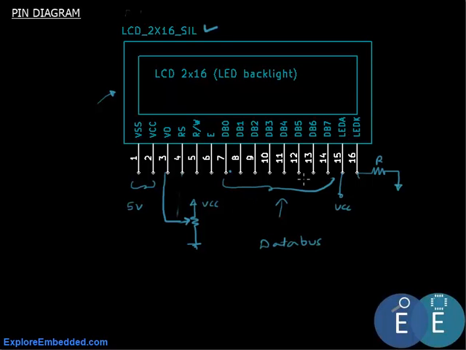We could use the entire 8 pins while communicating, and if we do that, then the LCD will be in 8-bit mode. So it will receive data in 8 bits or a byte. We can as well decide not to use the first 4, so DB0 to DB3.